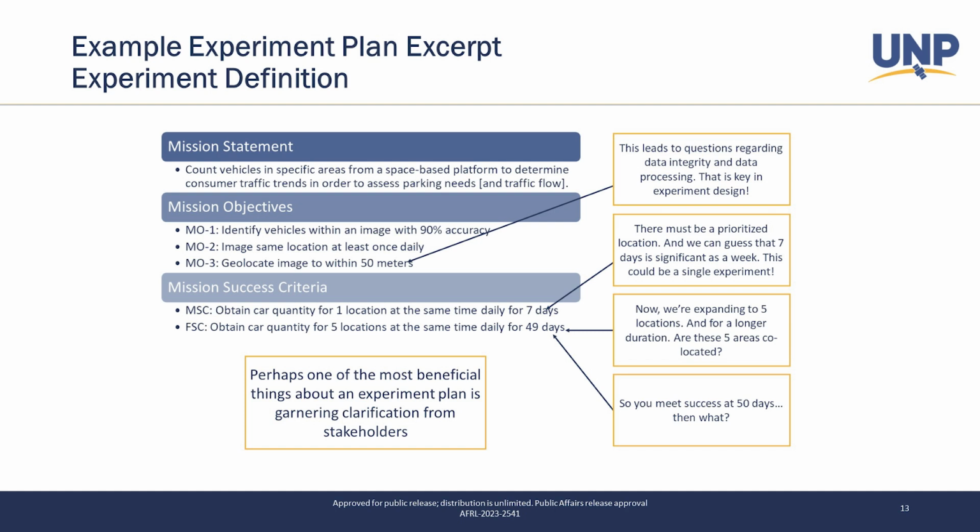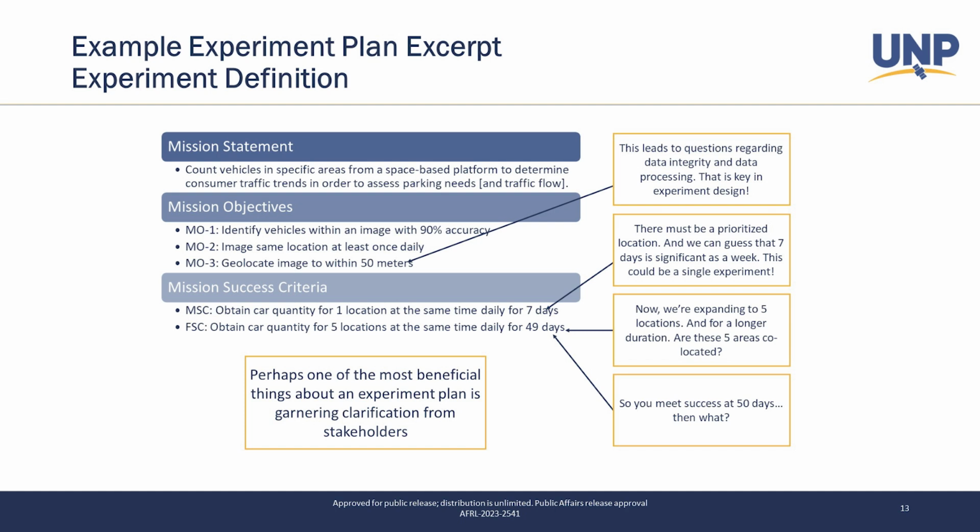This leads to a question regarding data integrity and data processing, and that's a key thing to hone in on the experiment design. Better understanding that as a requirement, and then better understanding how you would facilitate that within your operations campaign all coalesces into this experiment plan.